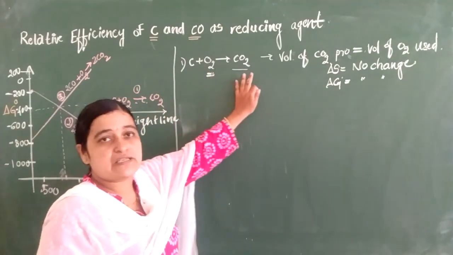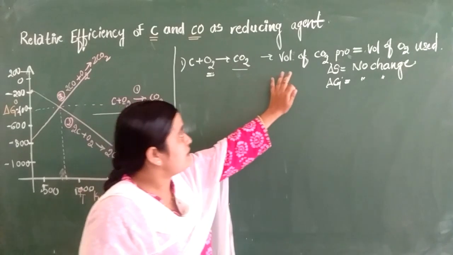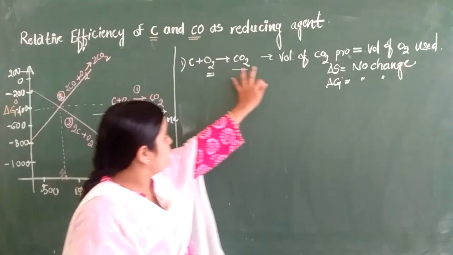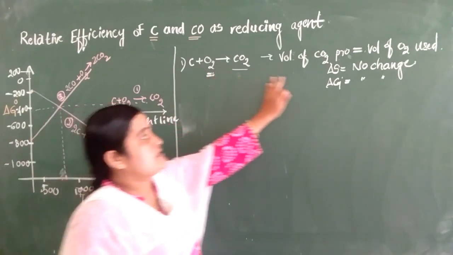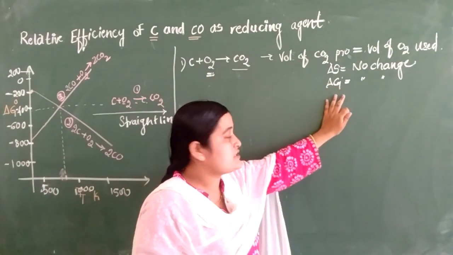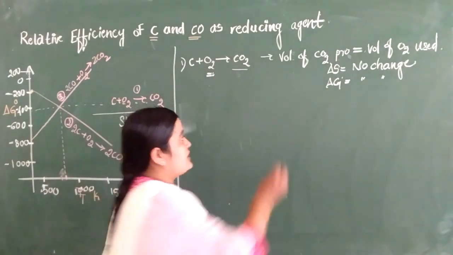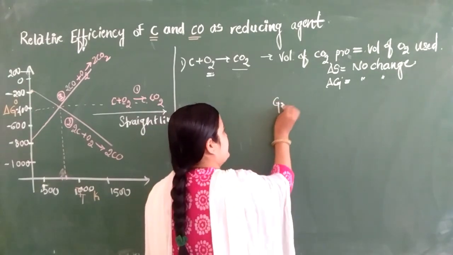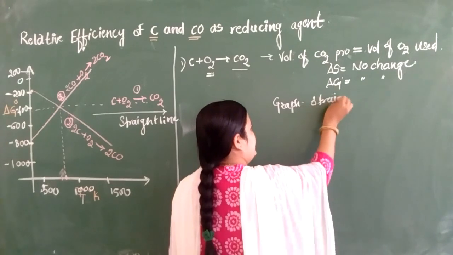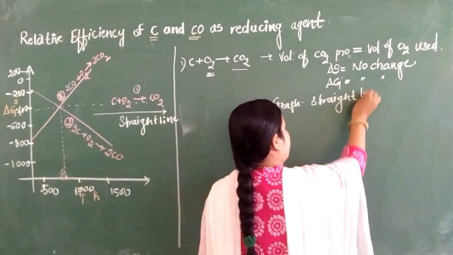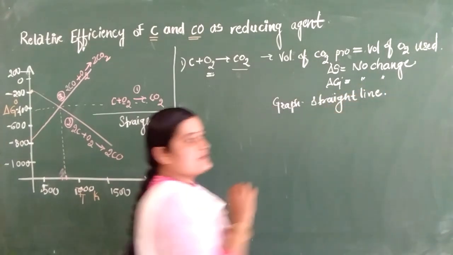The formation of carbon dioxide takes place. The volume of CO2 formed equals the amount of oxygen used, so there is no change in the entropy and no change in the Gibbs free energy. So the graph obtained here is a straight line.